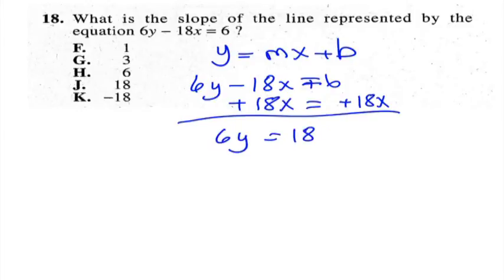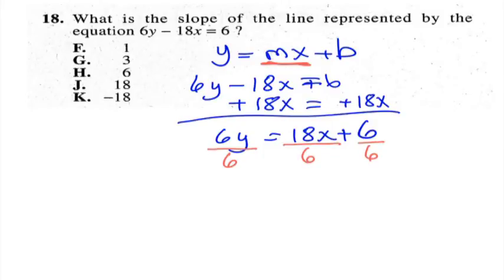All right, so now what I'm going to do is add an 18x over here, and this gives me 6y = 18x + 6. Now remember, when you look at this, and this is something that a lot of people do, they just add the 18x on the end and have a 6 + 18x, and it sort of gets confusing because you're trying to find the m, and that should stay your first value. The next thing we're going to do is divide both sides by 6. And I always like to break this up so that I can keep it separate.